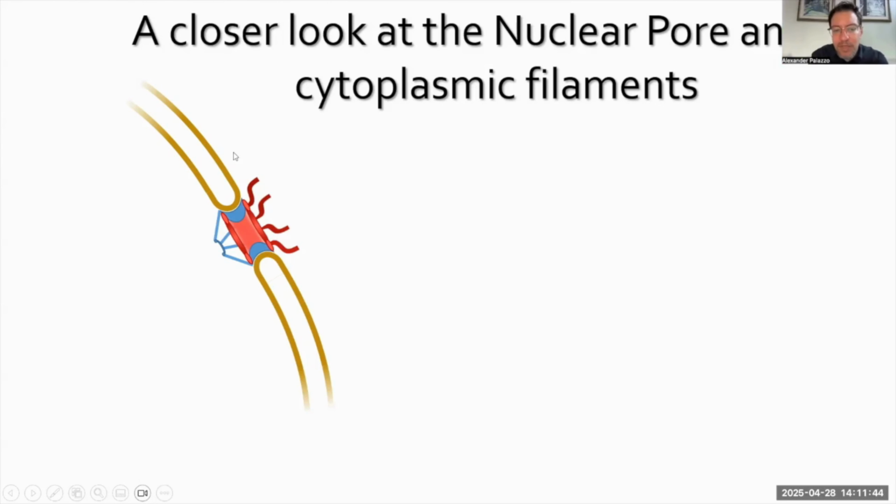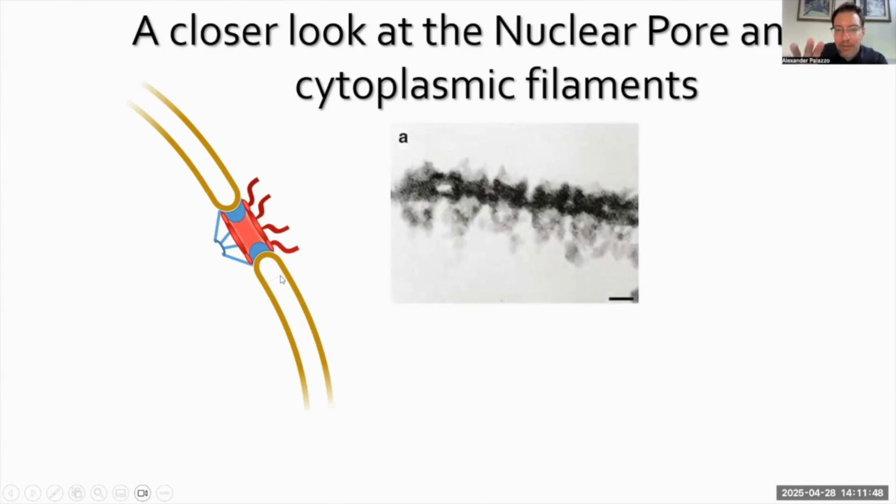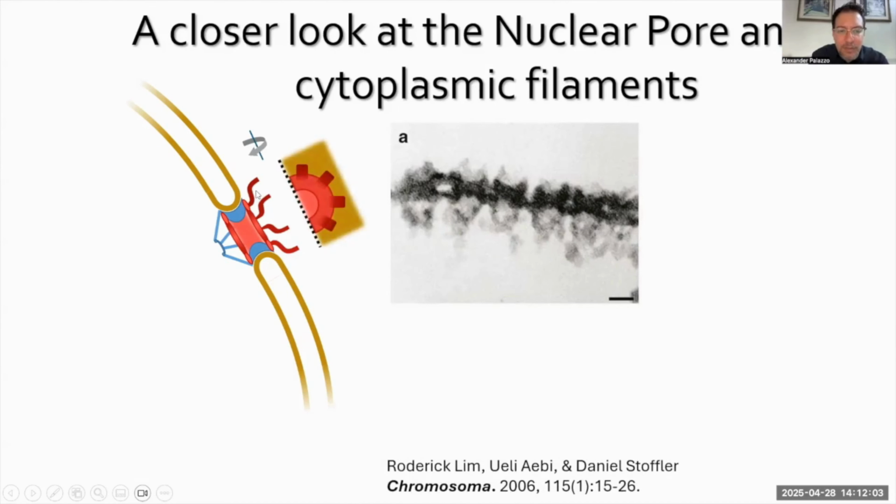Here we're looking at a transverse section of the nuclear pore, but if we look at it using micrographs, you can see a membrane and several pores with a basket and filaments. If we rotate the nuclear pore so we're looking at it face on, on the surface of the nuclear envelope, because we cut the pore in half, you only see half of it and you see four filaments.